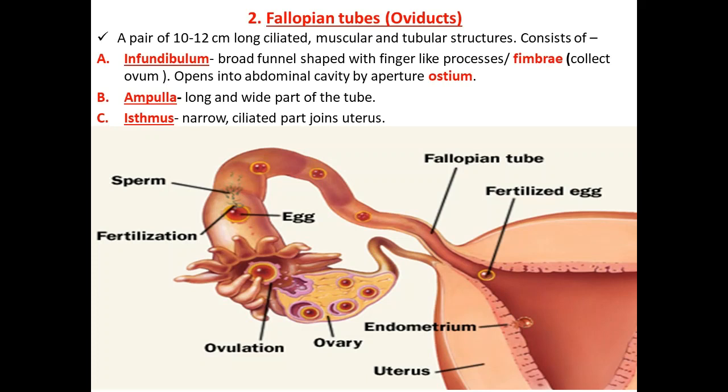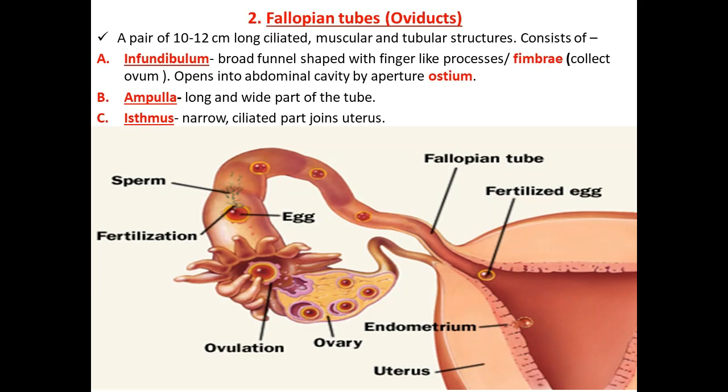Is it okay? Just repeating, the oviduct has 3 parts. Which ones? Infundibulum, second is ampulla, third is isthmus. These are the 3 parts of the fallopian tube or the oviduct.